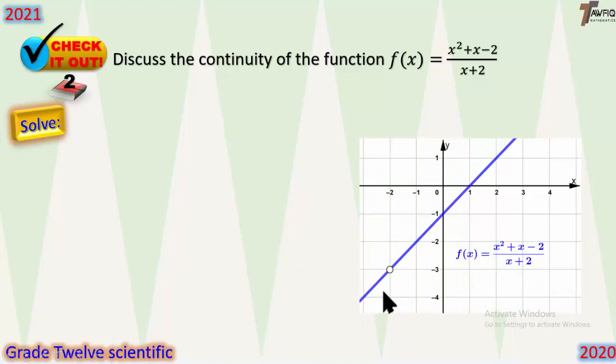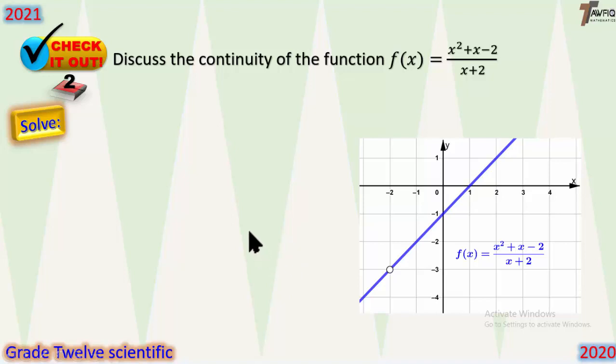Again, as you can see, we have a hole point here. Therefore, this function is not continuous at x equal to minus 2. Because we have a hole point, we can remove this discontinuity.